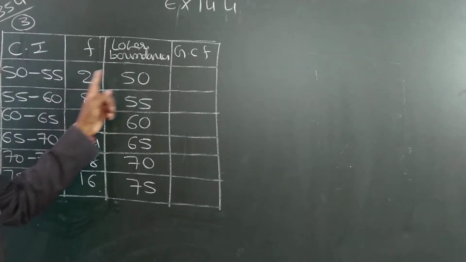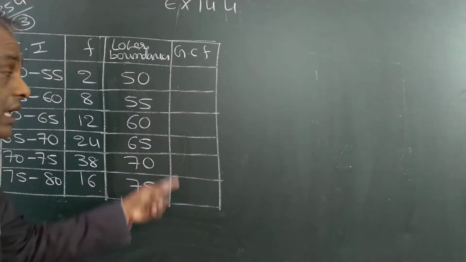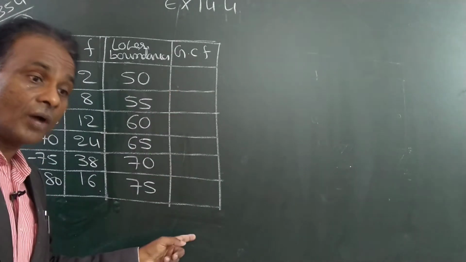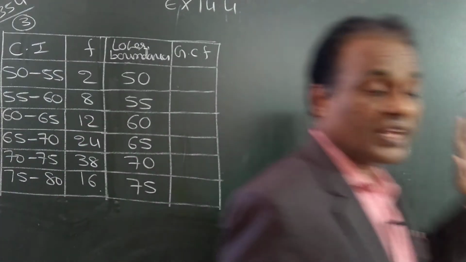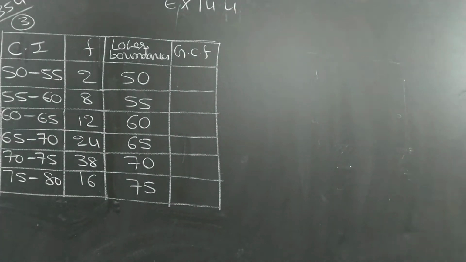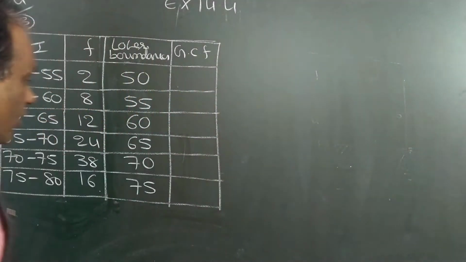That means adding the frequencies from top. But here, we have to add the frequencies from bottom. Write down. Adding the frequencies from bottom.